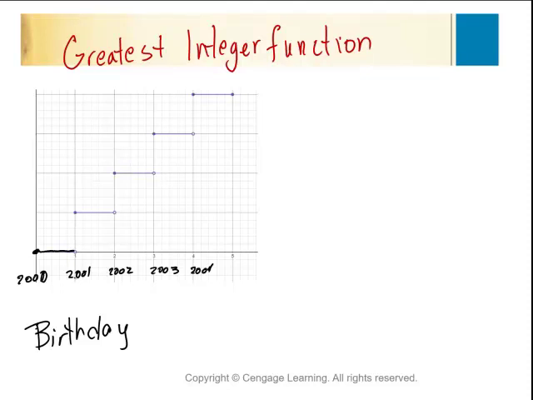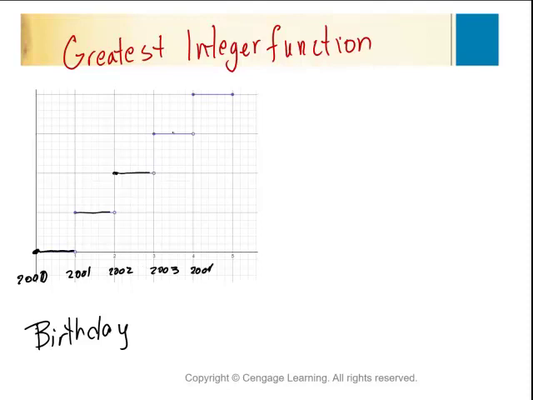And when that birthday comes along, you are then 1 year old. You stay 1 year old until your birthday again, at which point you become 2 years old. Notice the open circle here because it does pass a vertical line test. So all throughout the year, you stay 2 until your birthday.